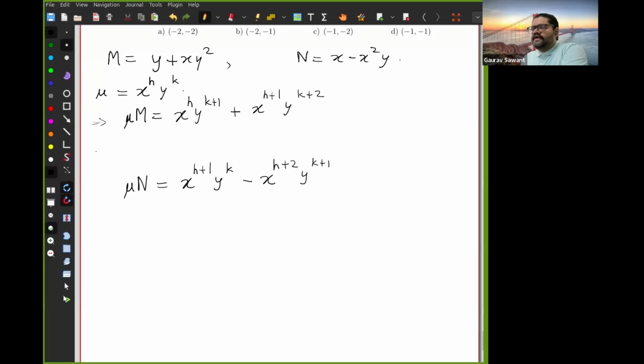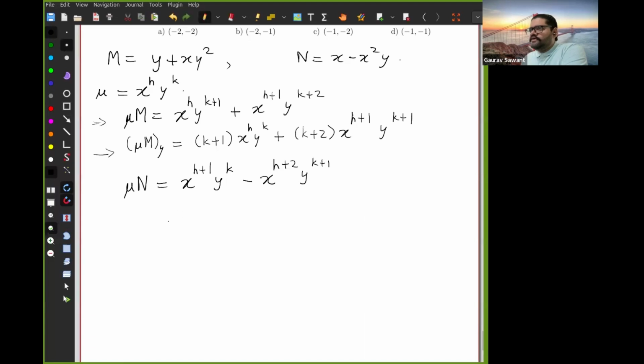So we take the respective cross derivatives. Partial of mu M with respect to y equal to k plus 1 x^h y^k plus k plus 2 x^(h+1) y^(k+1).